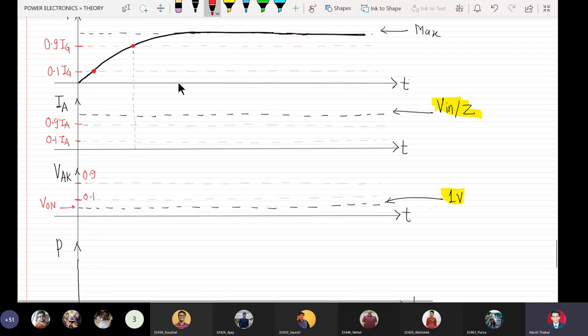So this is the instant at which the anode current will start increasing.